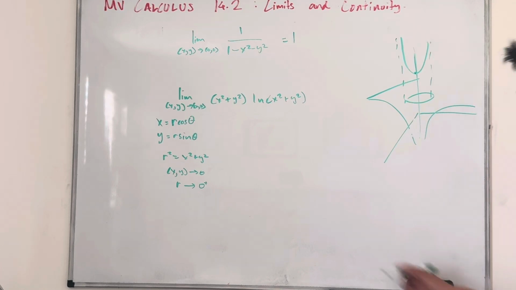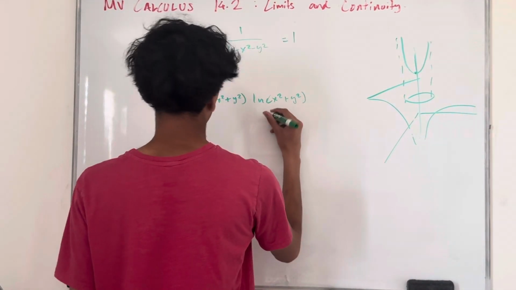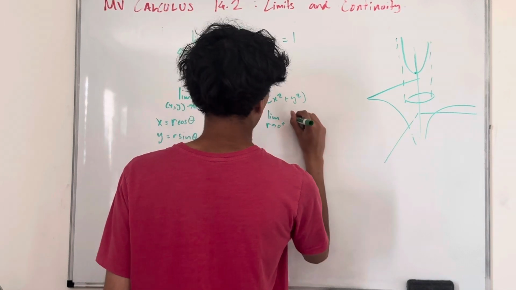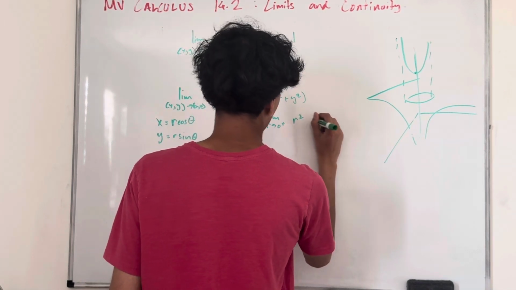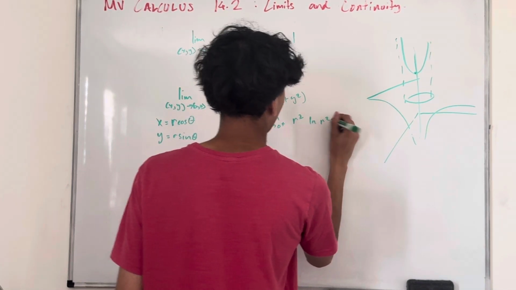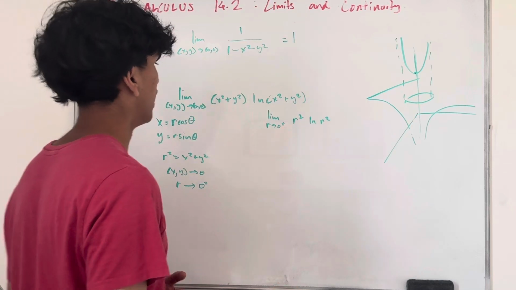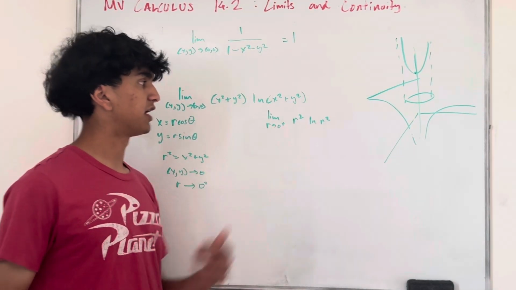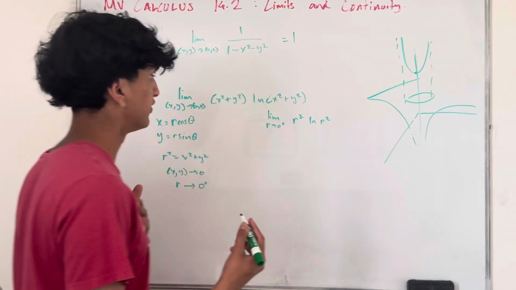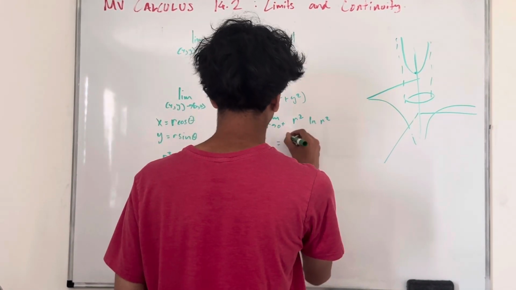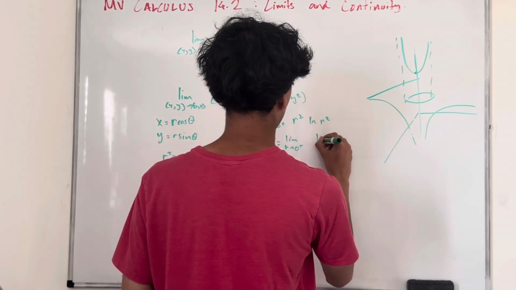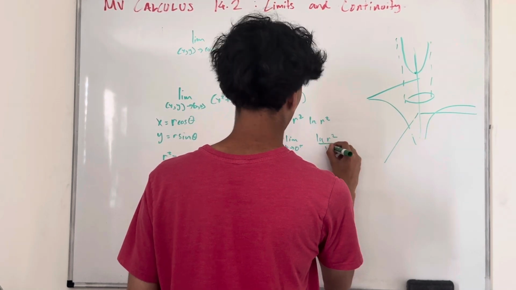But when we make these substitutions, I can say this is the same thing as the limit as r approaches 0 from the positive side of r squared times ln r squared. This is still indeterminate, right? I have 0 times negative infinity, but I can make this into something I can do L'Hopital's with, as r approaches 0 plus, so then I get ln r squared over 1 over r squared.